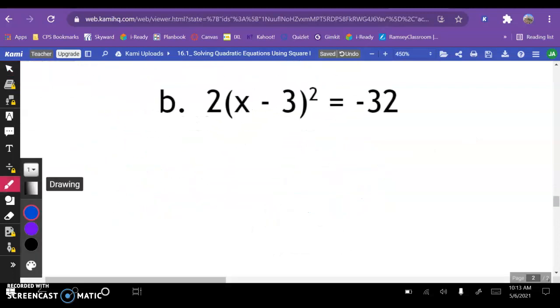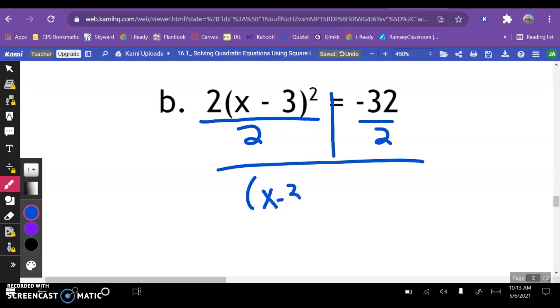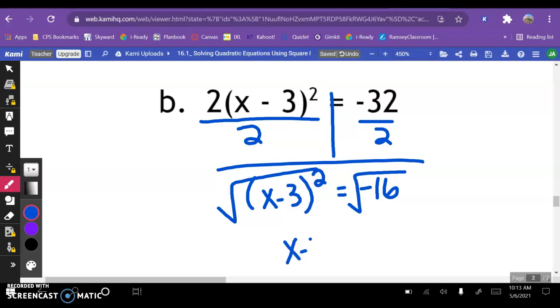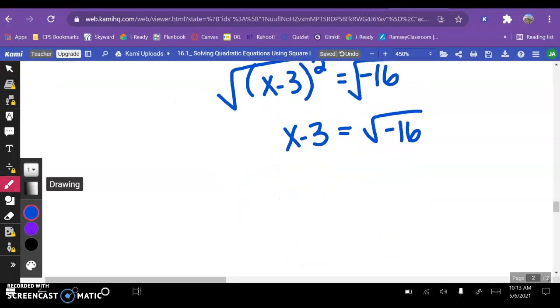Okay, this one has a 2 out front of the parenthesis, so we've got to divide by 2 first. So we would be left with x minus 3 squared equals negative 32 divided by 2, which would be negative 16. And then we take the square root of both sides, which would cancel out the squared. So we would have x minus 3 equals the square root of negative 16. Now we can't take the square root of a negative number because there is no number times itself that is going to give us negative 16.